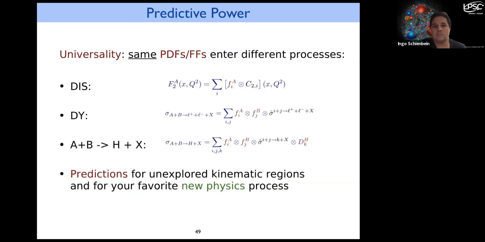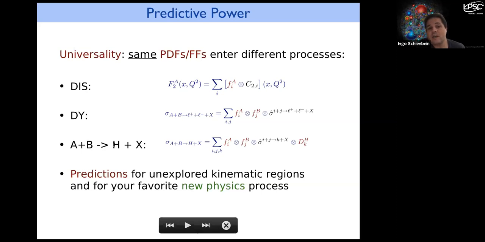And then the universality, as I said, tells us that we can use the same PDFs in different processes. For example, deep inelastic scattering, the structure function F2 has such an expression in terms of the PDFs. The Drell-Yan process has another expression.